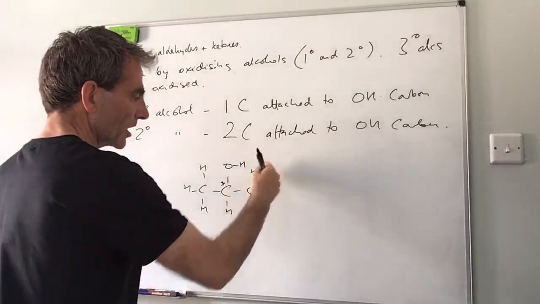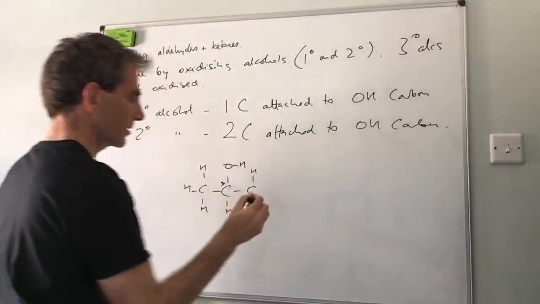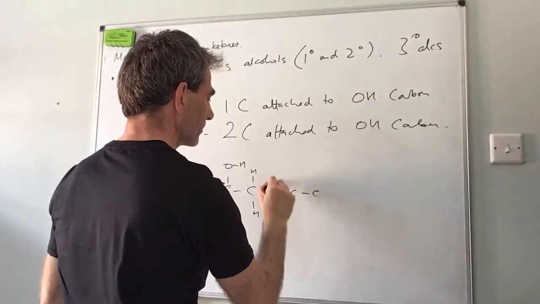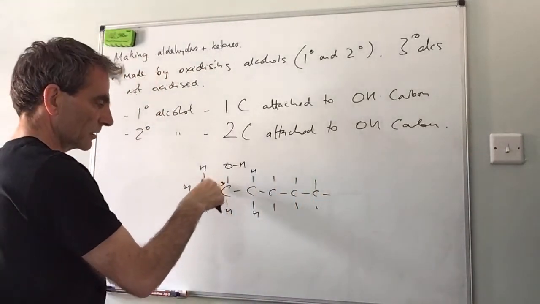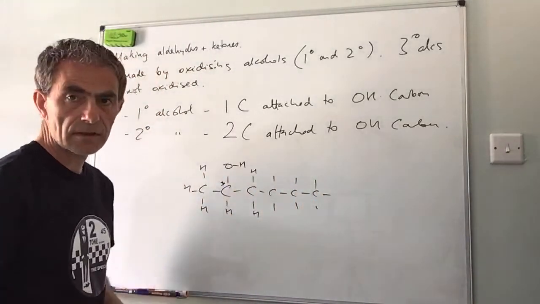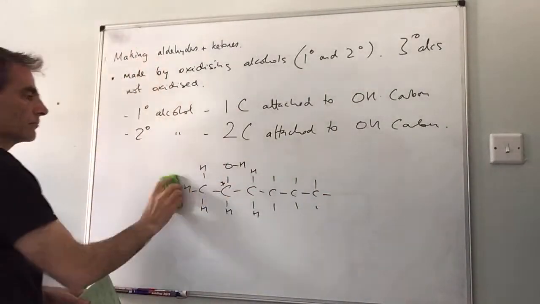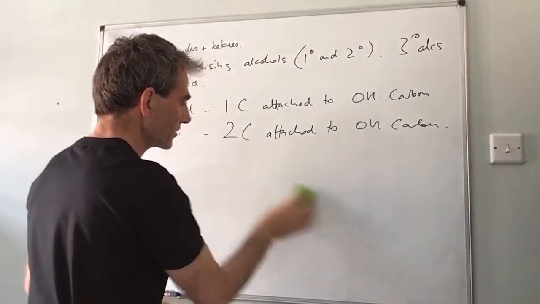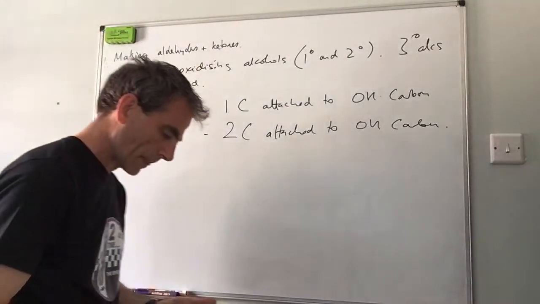These carbon chains can be as long as you want, just like I did before. Let me make that a bit longer. It's still secondary because that carbon has still only got two carbons directly attached. Obviously a tertiary carbon has three carbons directly attached.